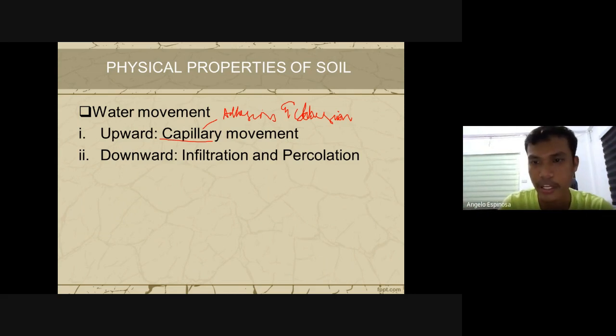Pag sinabi namang adhesion, from the word itself, adhesive, it is water that is attracted to substances.